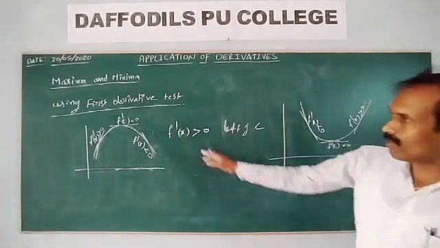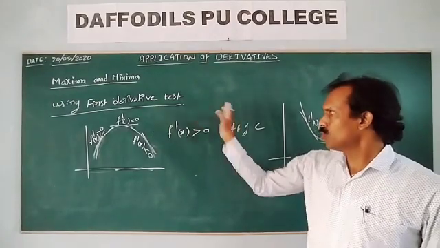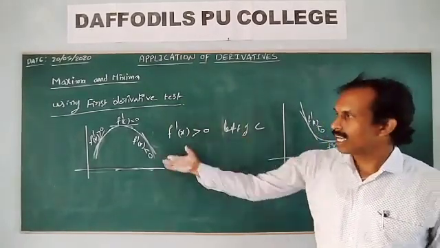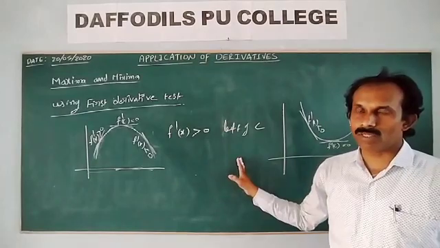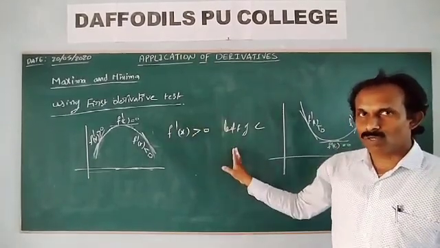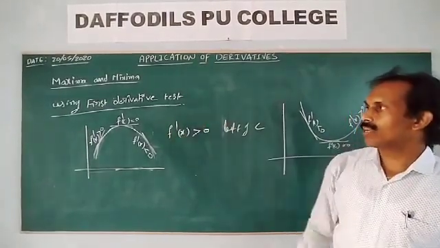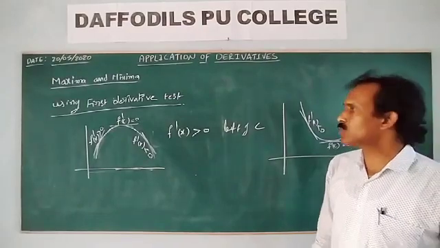In the first case, f dash x greater than 0 to f dash x less than 0, positive to negative, the sign changes, and f has a local maximum value.